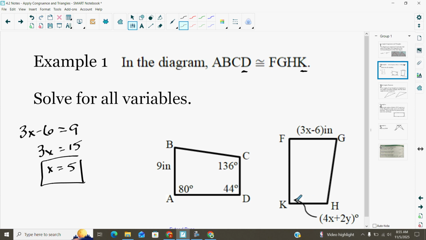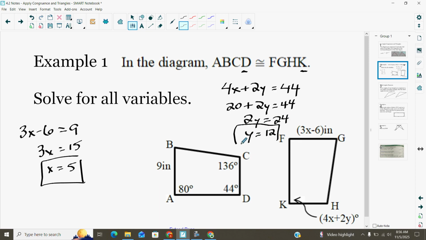So angle K is congruent to angle D. So 4x plus 2y is equal to 44. We know x is 5, so we can put that in here. Subtract 20 and divide by 2. X is 5, y is 12.